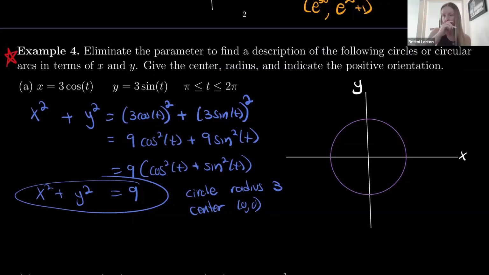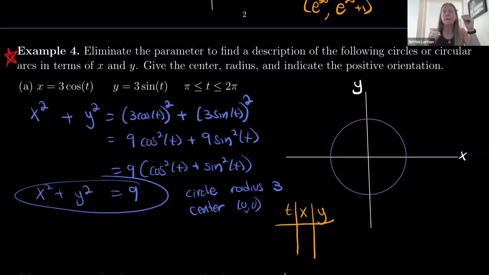I need the positive orientation. So now I think about the time, and here's where it is a little trickier to do in your head. If you can do it in your head, that's totally fine, but I don't recommend it. Especially for circles or anything that gets complicated, like exponentials or logs, the t-x-y table is your guarantee.